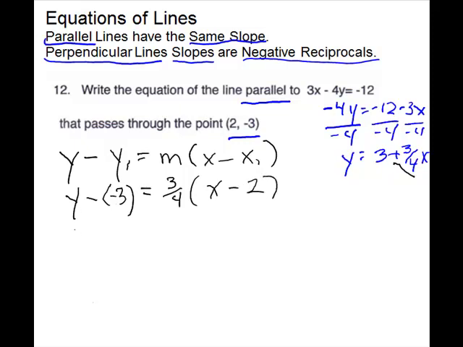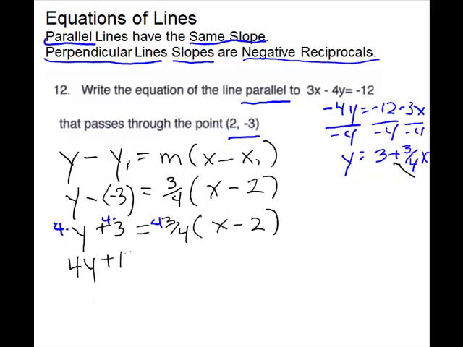This will give us plus on the left, plus 3. We will multiply through by the LCD, which is 4. And clean up. So we have 4y plus 12 equals a 3 there to distribute, 3x minus 6.